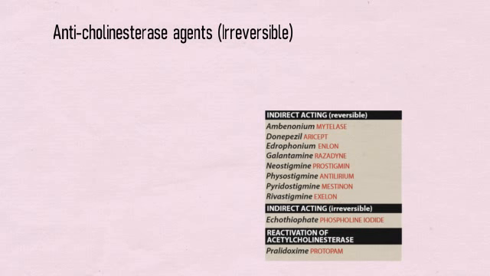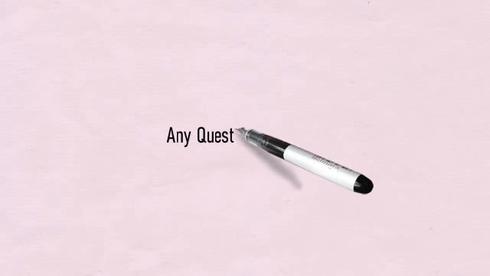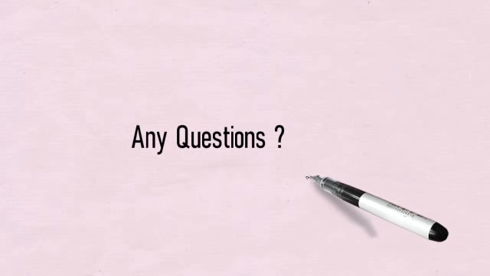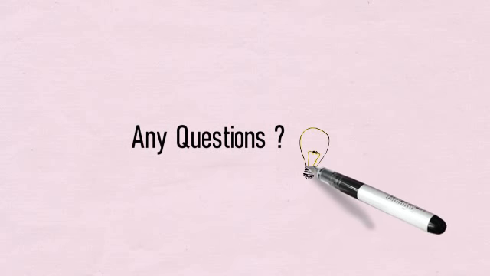This drug can reactivate the inhibited acetylcholine esterase, but the issue is that it only acts peripherally and cannot reach the CNS. So for the CNS, atropine must be used to reverse the poisoning.